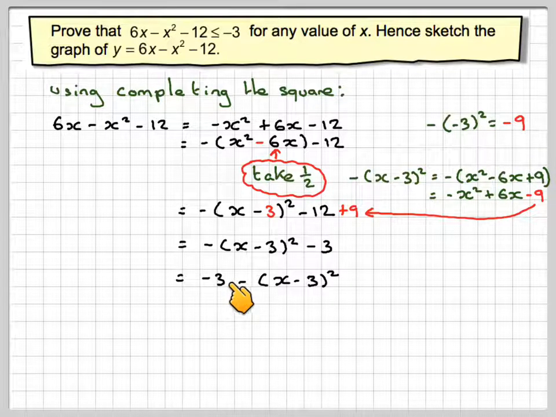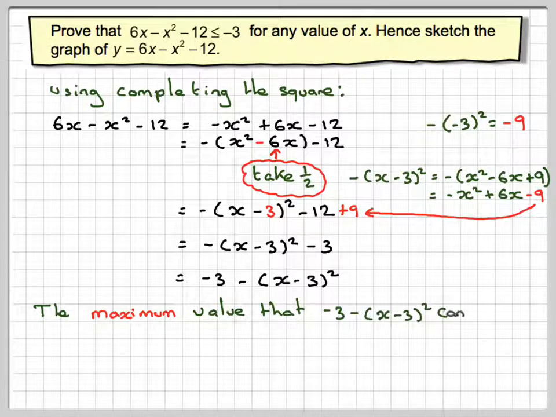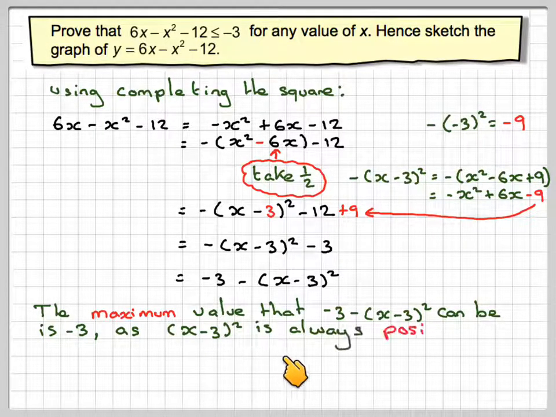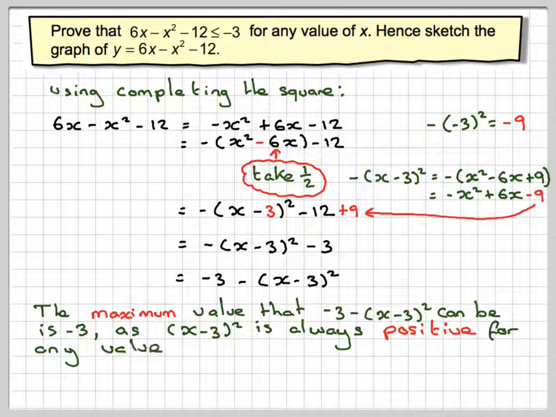And because you're taking it away from minus 3, it's always going to be smaller than minus 3 for all values of x. So the maximum value that minus 3 minus brackets x minus 3 all squared can be is minus 3, as x minus 3 all squared is always positive for any value of x.